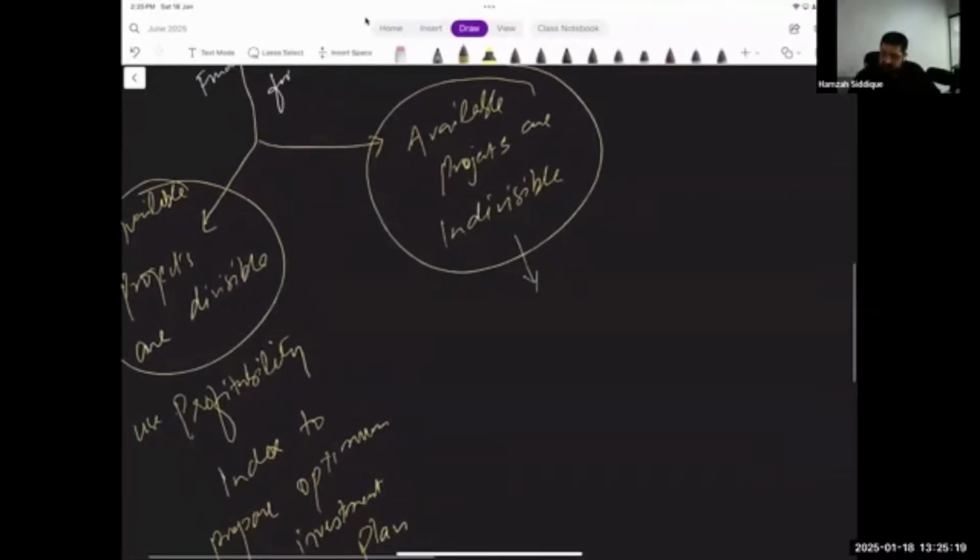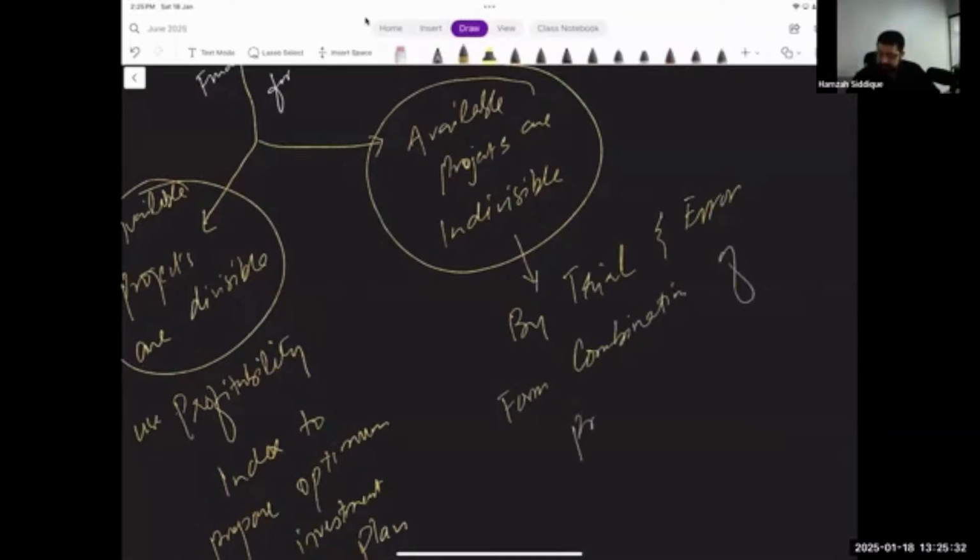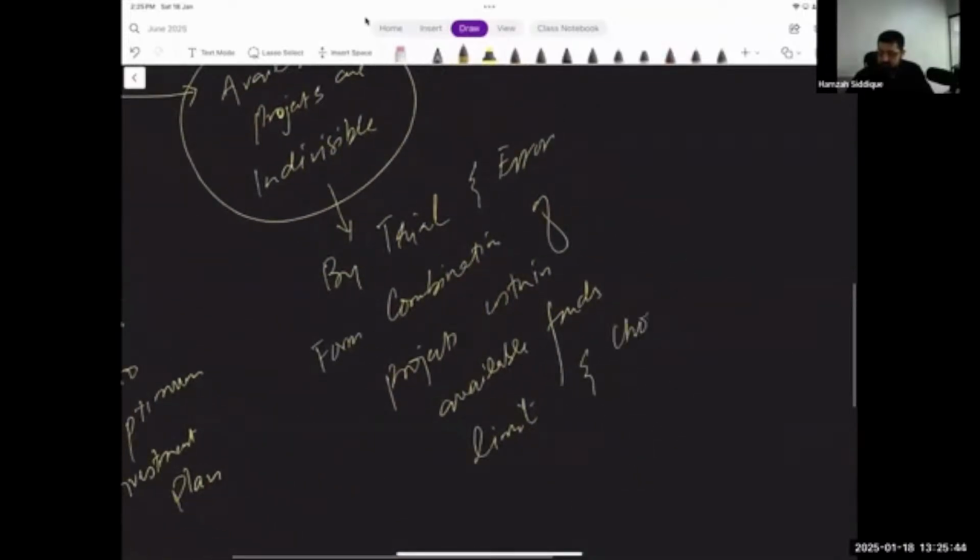If they are indivisible, by trial and error, form combinations of projects within the available funds limit and choose the best combination.